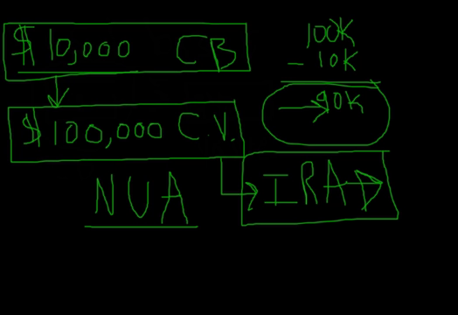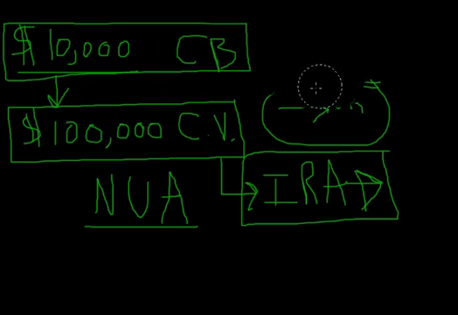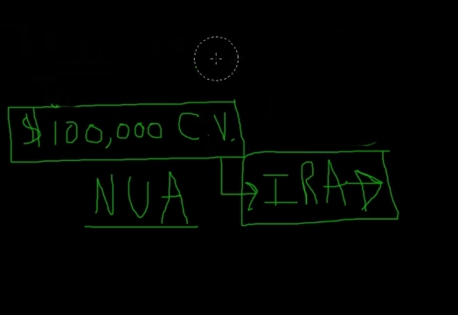And some would say that you should take your NUA, which means take this value. Now, if you take this as an IRA, this NUA is all just done away with. Instead of this being 90,000 in NUA, all the cost basis will disappear. That won't matter. All that will matter is the current value, and that'll be a part of your IRA, and that'll be taxable as ordinary income when you withdraw it.